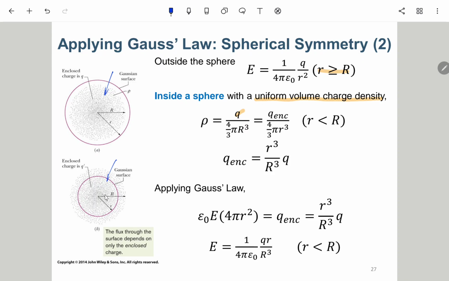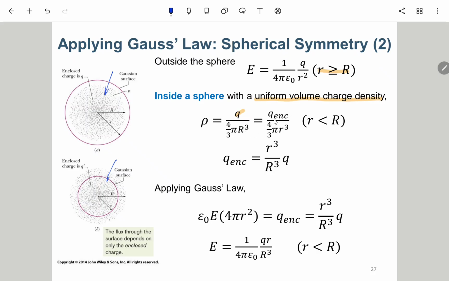The volume enclosed by this Gaussian surface will be 4/3 pi small r cubed rather than capital R cubed. This is the whole sphere, and this is the partial part. Here we only consider the volume enclosed by the Gaussian surface. But the density is uniform, so these two should be the same.